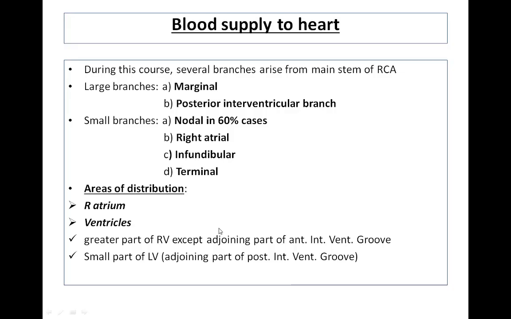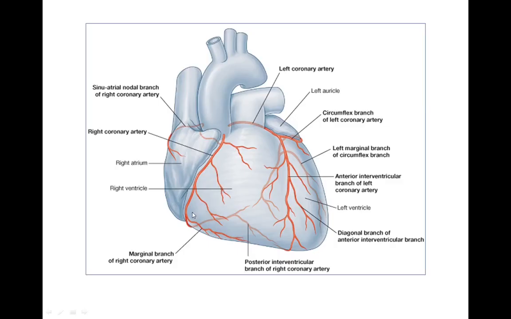Clear? Then the posterior interventricular branch. Just now I said this is going to the posterior part of the coronary sulcus. Then it gives one branch in the posterior interventricular groove. So this is the posterior interventricular branch of the right coronary artery.